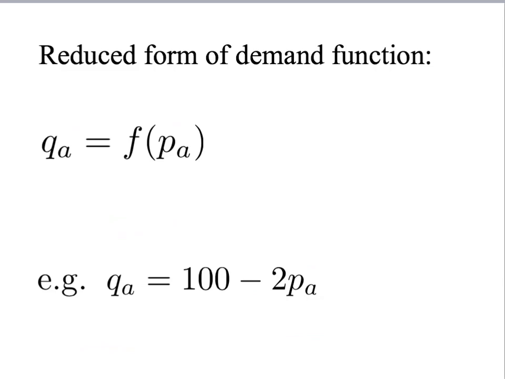Often, we will just want to concentrate on the quantity of apples as it varies with the price of apples. In that situation, rather than writing down the whole demand function for Jackie, we will use a reduced form demand function. Here's a reduced form demand function in abstract form.